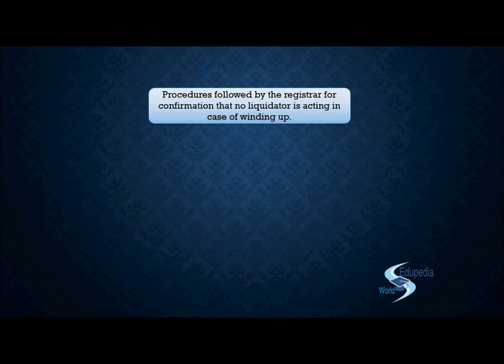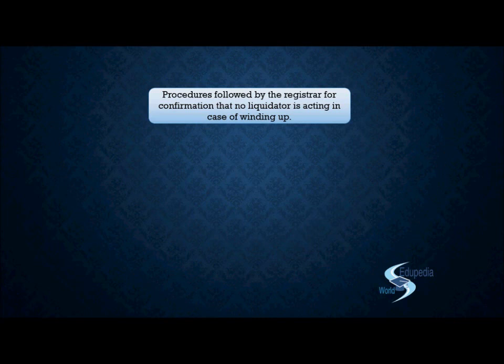The company was maybe not performing, did not file statutory reports, no meeting was conducted, or there was some other reason because of which someone, either the registrar, a creditor, a contributory, or the members of the company, has filed a petition with the court, and the court's order of compulsory winding up is in process.